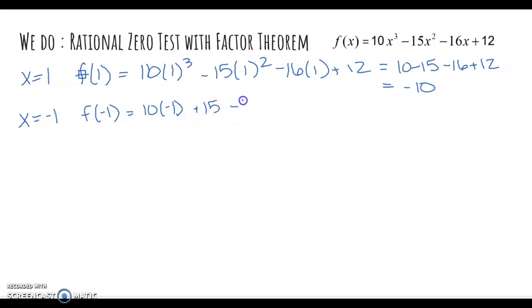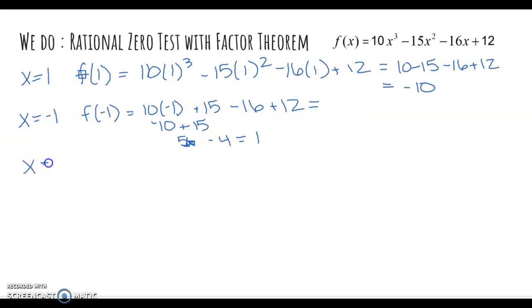And I'm going to start to simplify this right away, just for the sake of time. So we've got -10 plus 15, that would be 5, minus 16 plus 12, that would give you -4, which gives you 1, so also not a factor.